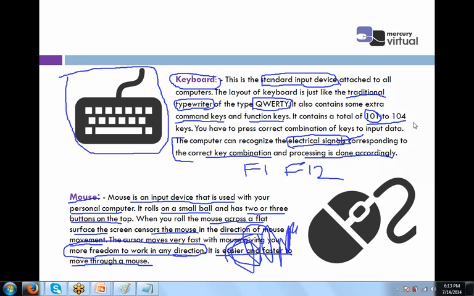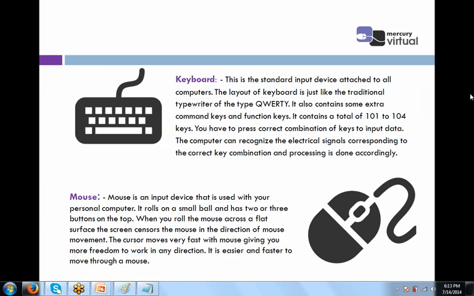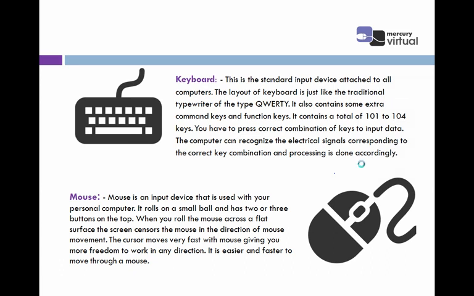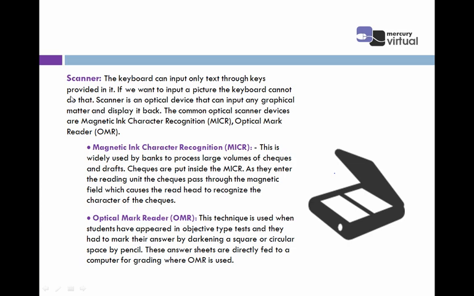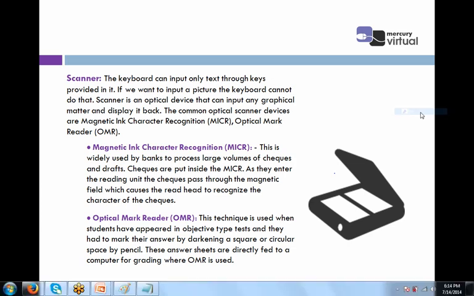Now let's see another input device. Another input device is your scanner. This is an important device, basically used for converting hard copy into soft copy.